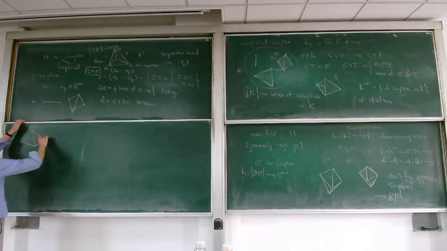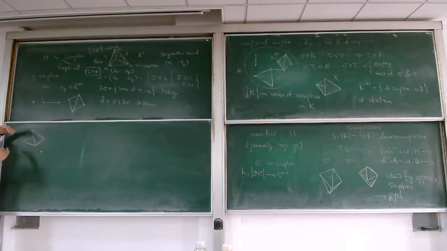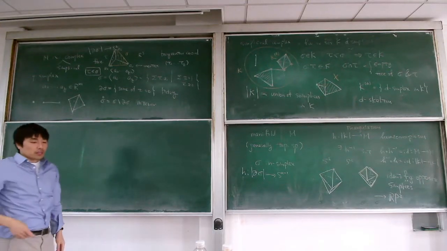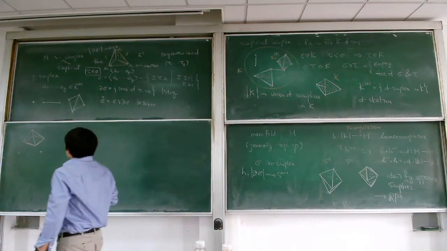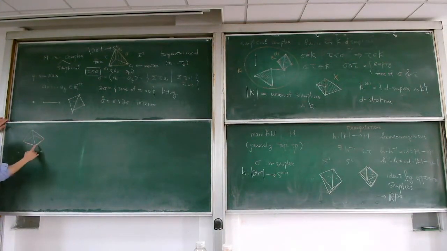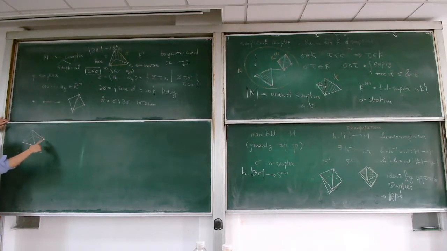As I said, the opposite edges are identified, and the rest are distinct points. And this point is identified with this point. Therefore this becomes essentially a circle.